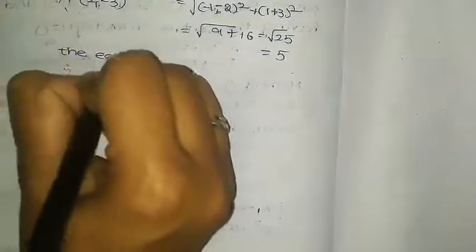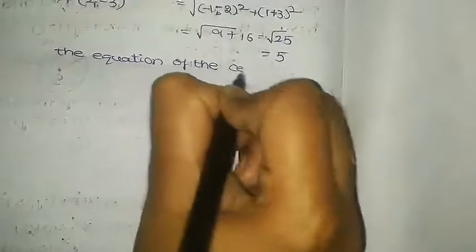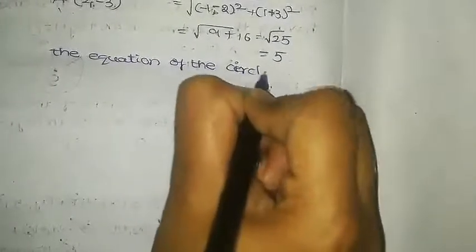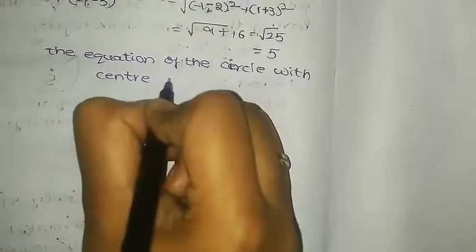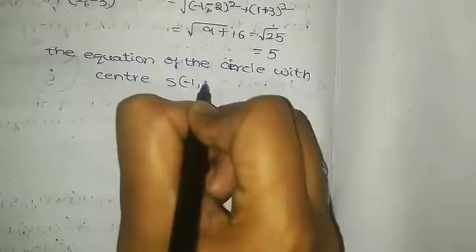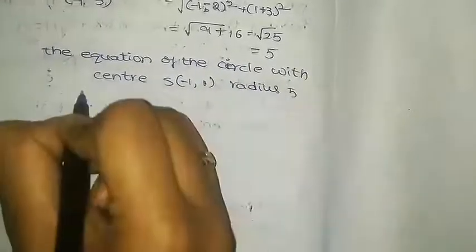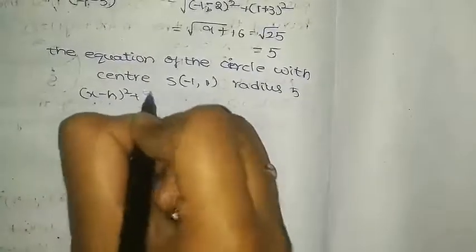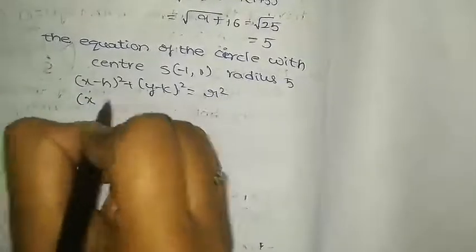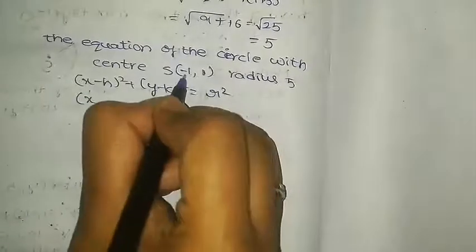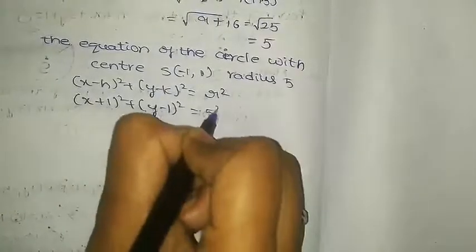So the equation of the circle with center S (1, -1) and radius 5. We know the formula, (x minus h) square plus (y minus k) square is equal to r square. So (x minus 1) square plus (y plus 1) square is equal to 5 square.